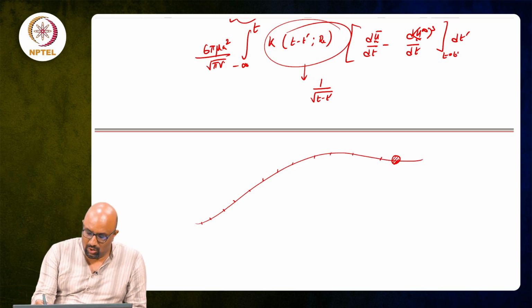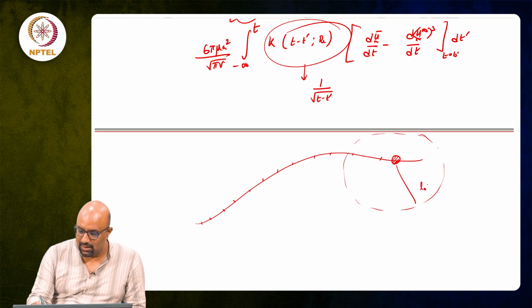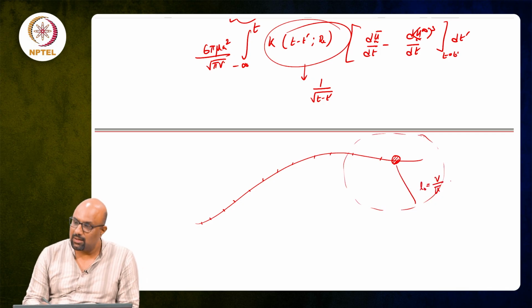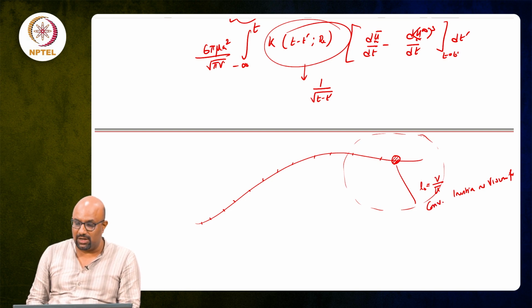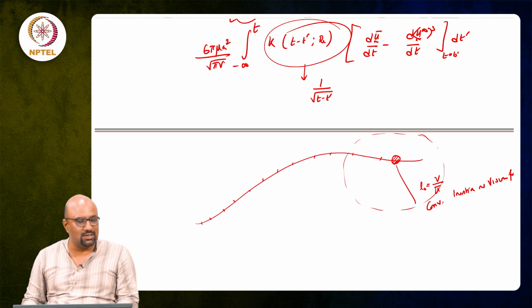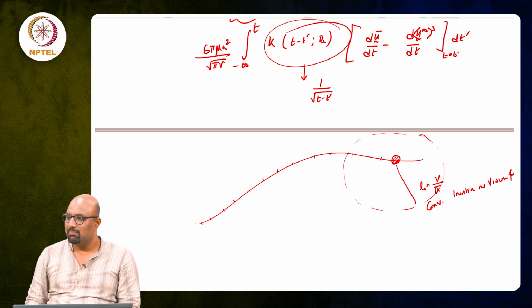But then you also know that there is a certain length scale which scales as nu by u bar, beyond which inertia is comparable to viscous forces. Convective inertia, let me be more specific, that convective inertia beyond a certain distance from the particle is as important as viscous forces.